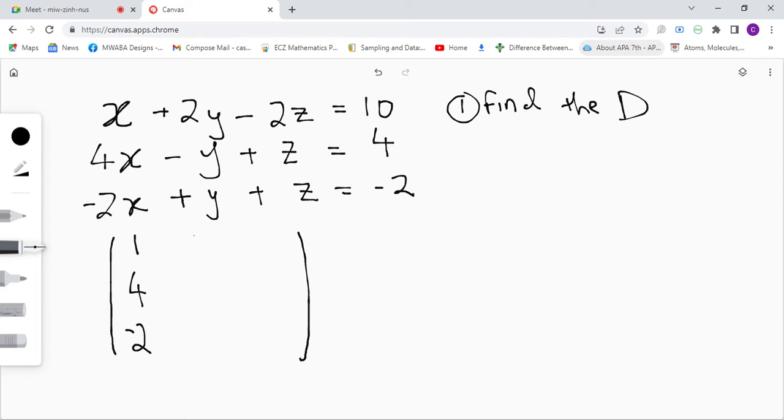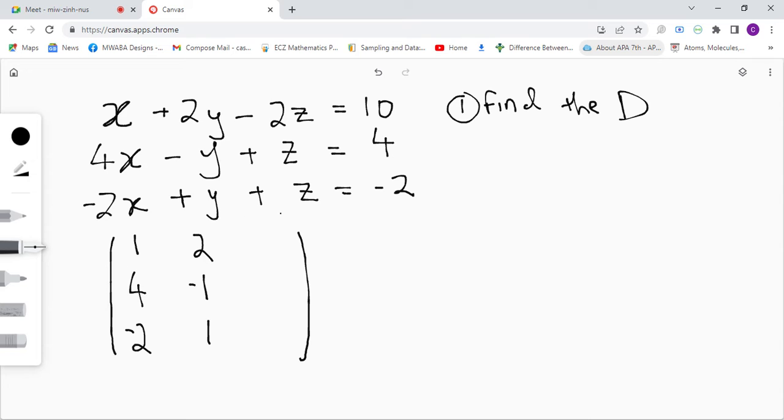The coefficient here is 2, the coefficient here for this minus y is -1, and the coefficient of this plus y here is +1.